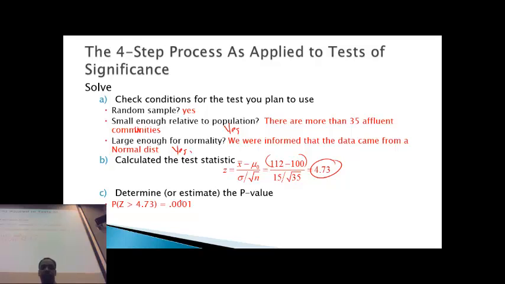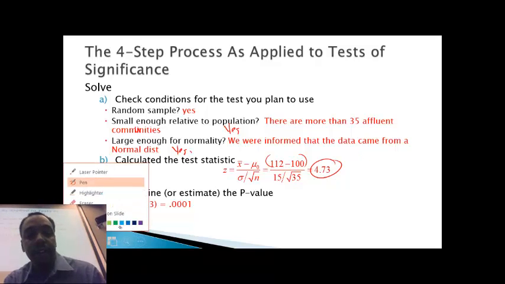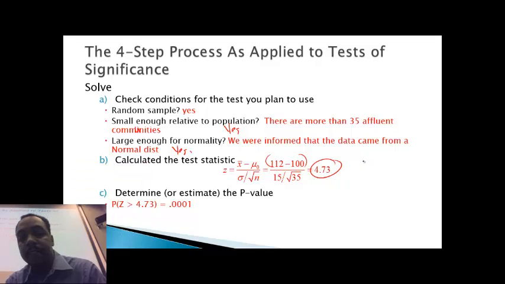and then calculate. Okay, so again, if you're doing this on your calculator, you do not need to show me this formula here. What you need to do is just write down, let's put it in a different color, z-test equals 4.73.